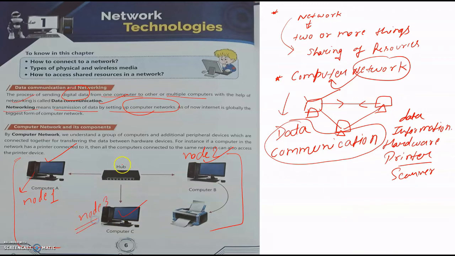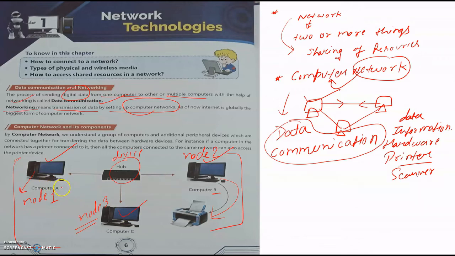This is a device through which these three computers are connected. Node 1, node 2, node 3 are connected with each other, and from computer B a printer is connected. If the printer is connected only to computer B, and computer B is connected with the help of a hub device with computer A and computer C, what is the meaning?